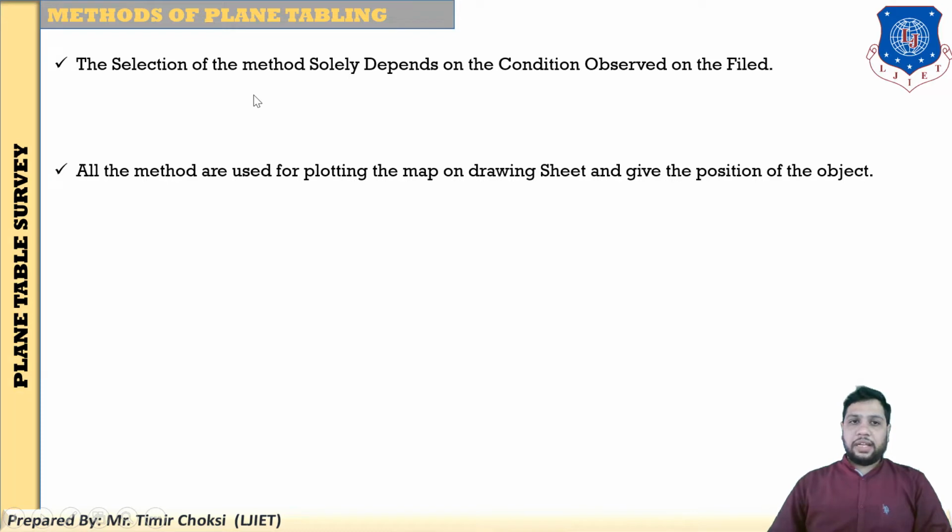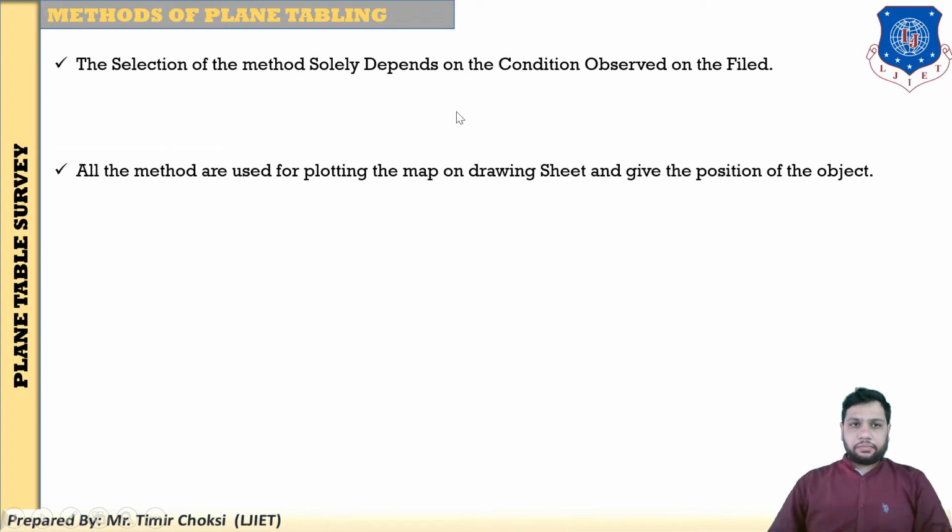And second, all the methods are used for plotting the map on the drawing sheet and giving the position of the various objects. So there are 2 important sentences.